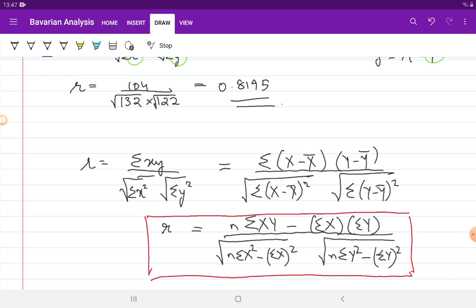So calculations can become simpler even though the formula looks a little bit bigger. If you are just given data as we showed in the example, you can use whichever formula you're comfortable with. But for short questions or multiple choice questions, you may be required to remember both versions of the formula.